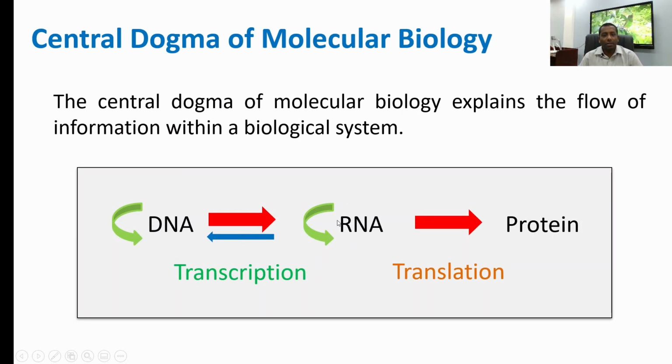And you can see there are two circular arrows, which means DNA can pass down its information to other DNA molecules. This is what happens when DNA replicates. RNA can do the same. RNA can produce new RNA molecules, so information in RNA molecules can be passed down to the resulting RNA molecules.